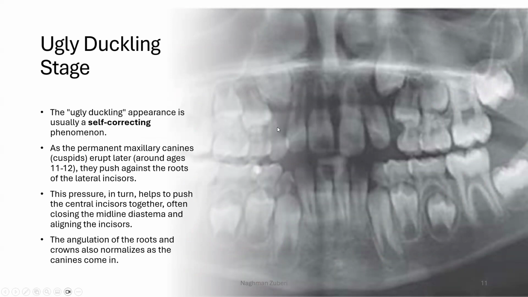We can see it over here, the canines are pushing against the lateral incisors, and that is why they are tilted, and we have this space over here. This pressure in turn helps to push the central incisors together, often closing the midline diastema and aligning the incisors. The angulation of the roots and crowns also normalizes as the canines come in.